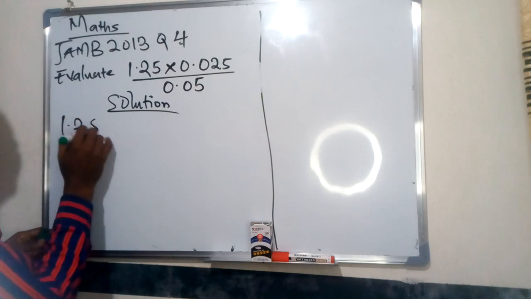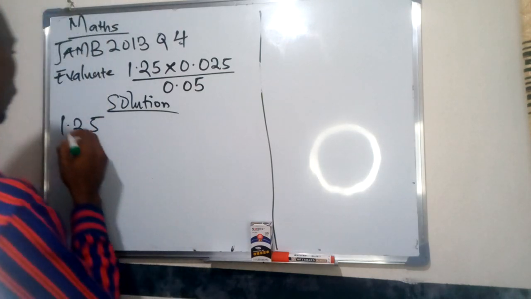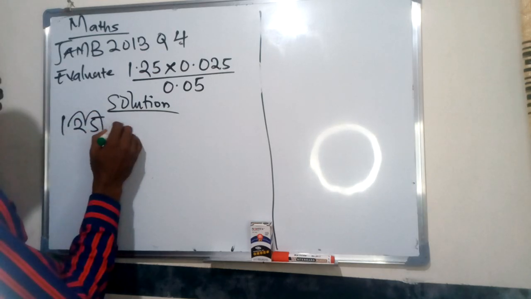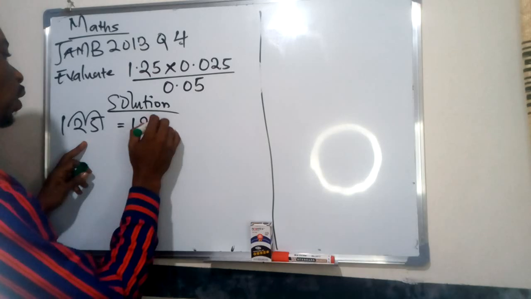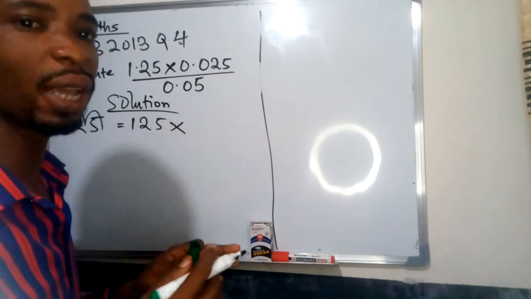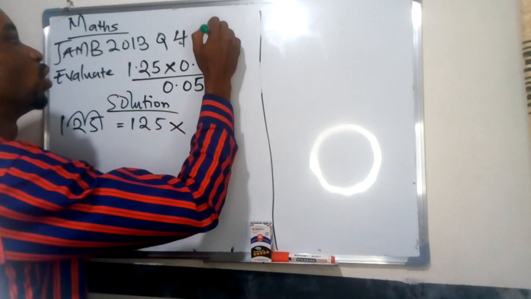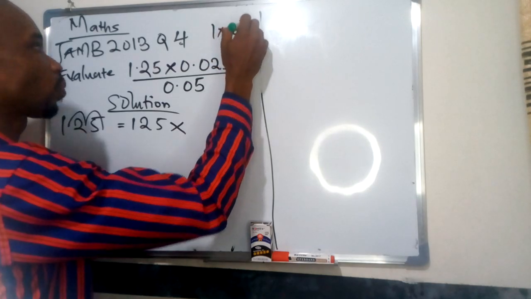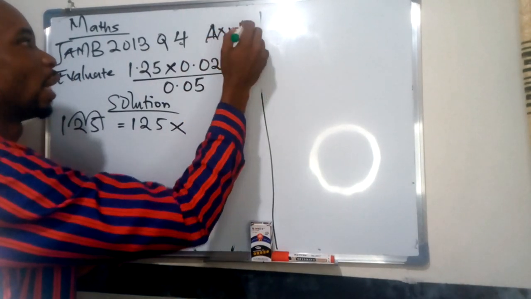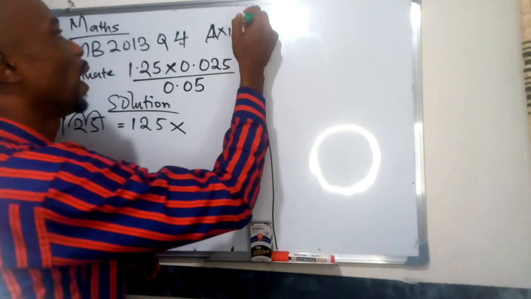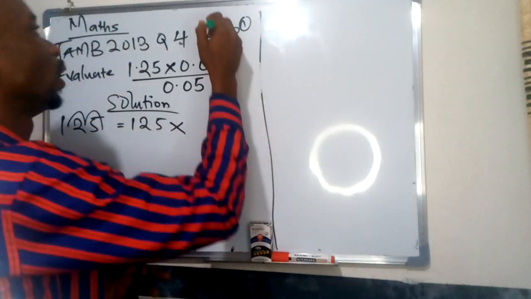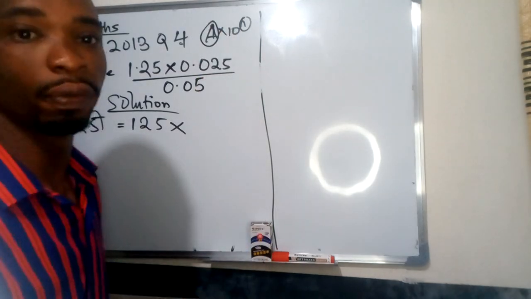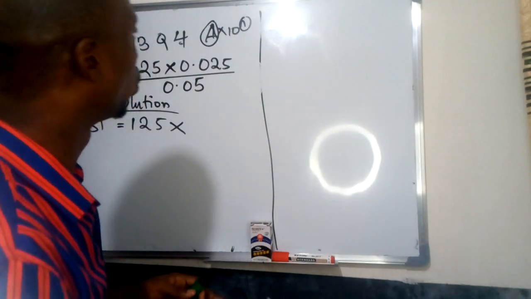So we have 1.25, you move 2 times, that is 1, 2. When you move 2 times, this number becomes 125. Remember, a number is said to be in standard form if it is written in the form a times 10 raised to the power of n, where n can be either a positive or a negative number, and a is a number ranging from 0 to 9.